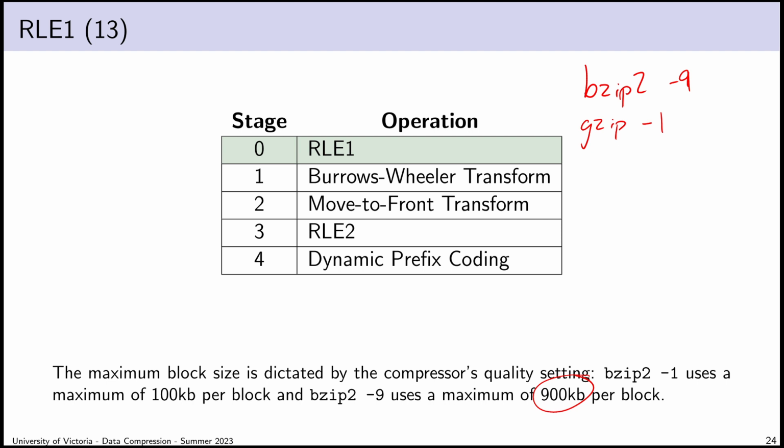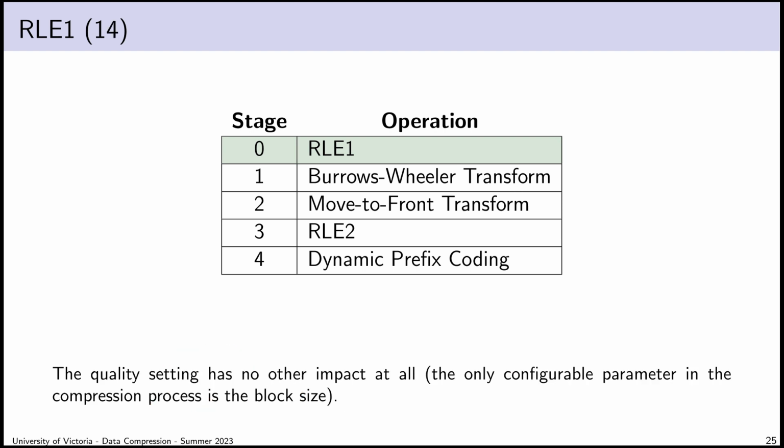A GZip compressor might use the quality setting to dictate a bunch of its different parameters, because as we know, there are tons of decisions to be made in the deflate encoding process. What's interesting about BZip is that the -1 through -9 setting affects exactly one thing, and it's only the block size. There actually are no other places in the algorithm where the quality setting would make any difference.